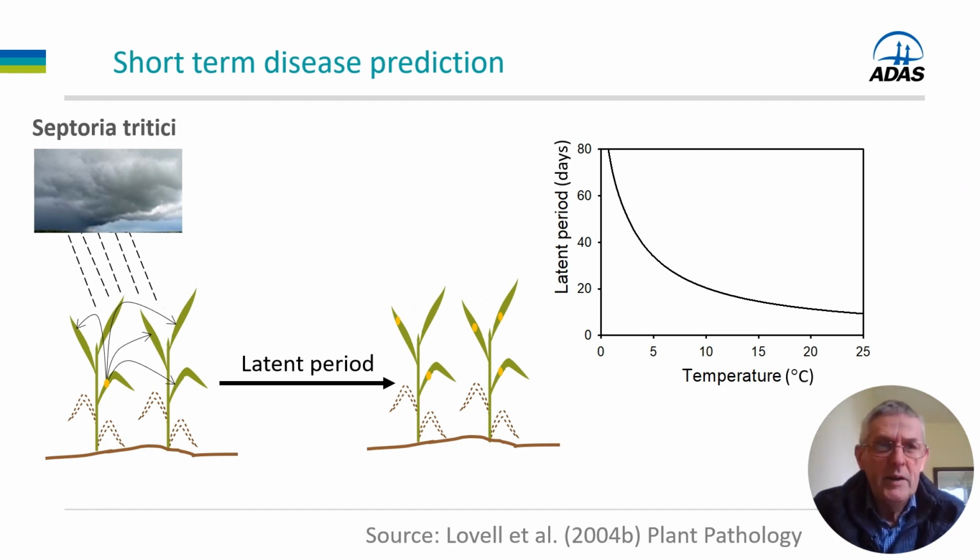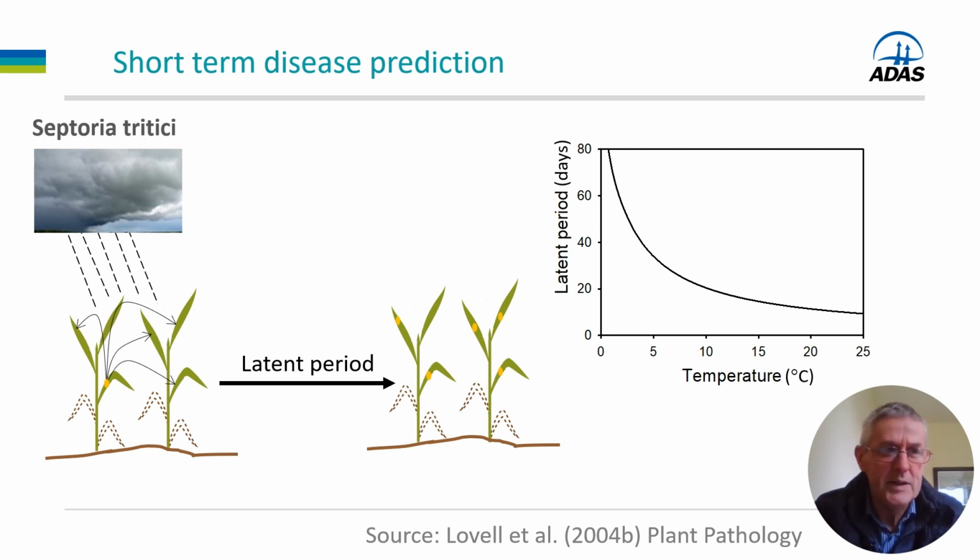So we can think about a kind of short-term disease prediction about what's going to happen next. If we think about the interaction between where the lesions are in the canopy and how much rainfall it's likely to take in order to move those spores to the upper leaves, we can get some kind of handle on what the future disease is likely to be like, and also take into account the disease resistance of the variety.